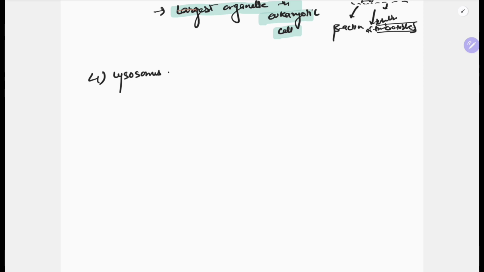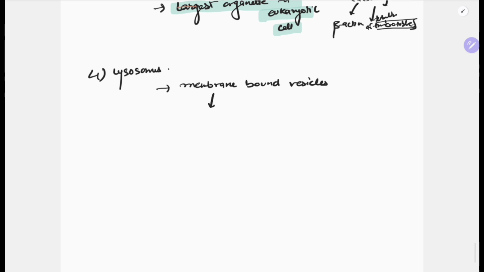Lysosome. So you must have read that lysosomes are the membrane bound vesicles which actually help in degradation. These are membrane bound vesicles which contain an acidic environment.